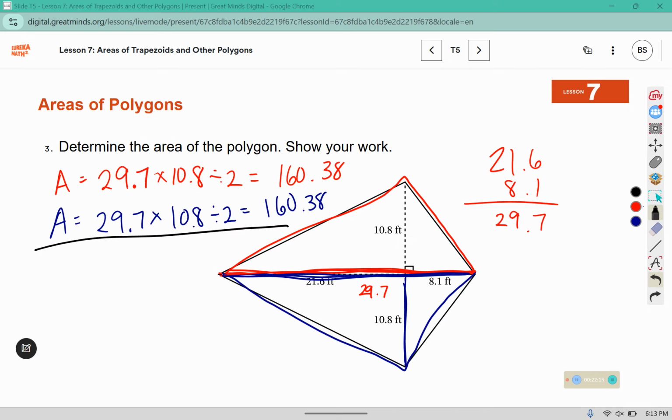Now we need the total area. We can add those together, which is 320.76 feet squared.